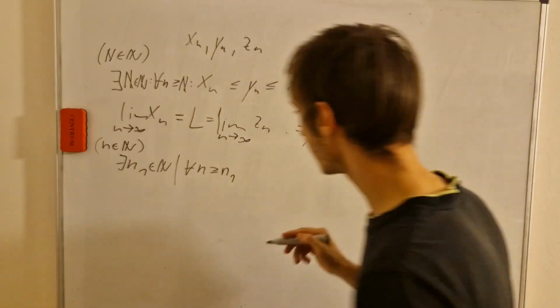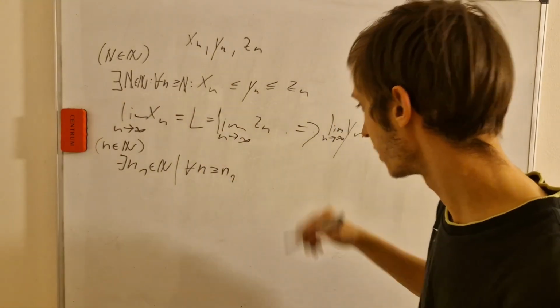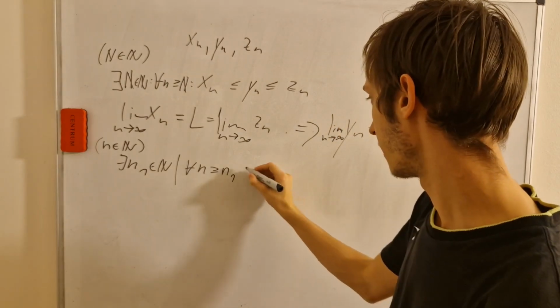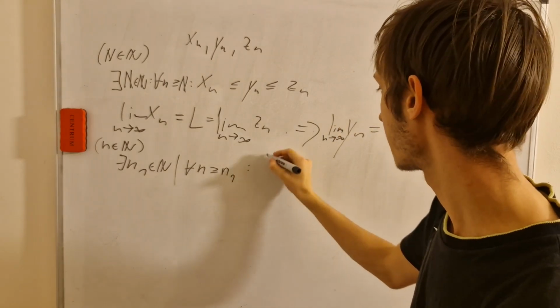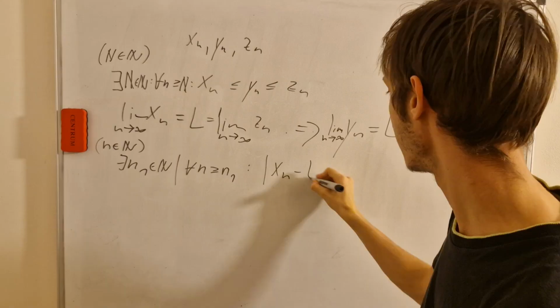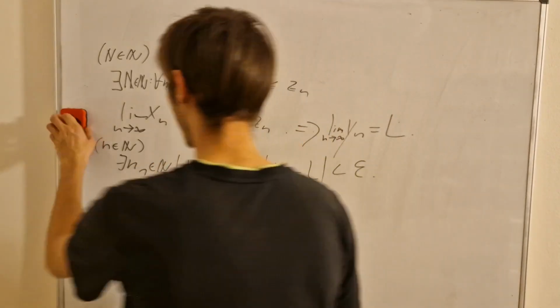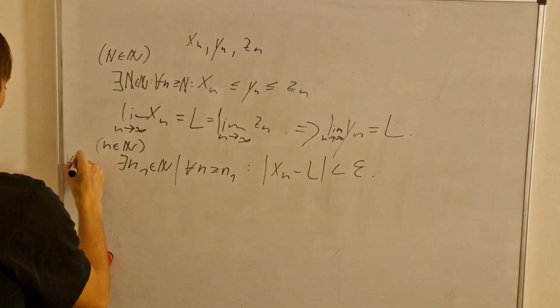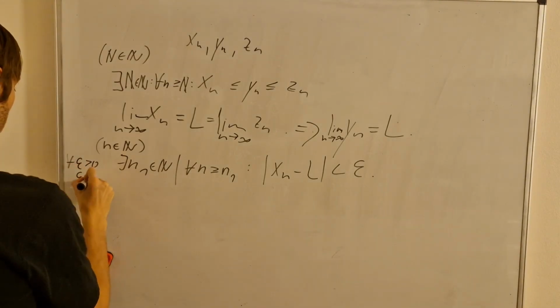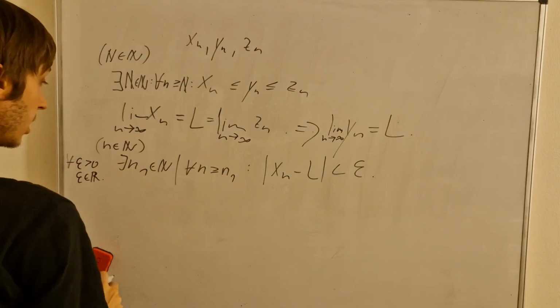So for every natural number lowercase n beyond n1, the difference between xn and the limit is smaller than epsilon. And this holds for any epsilon, however small, that's a real number and positive.